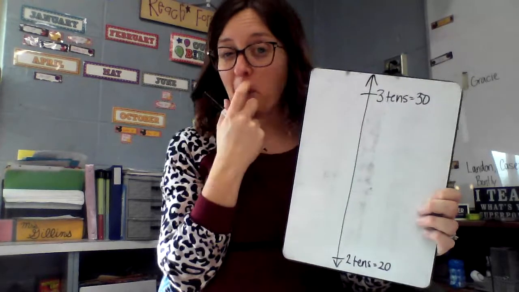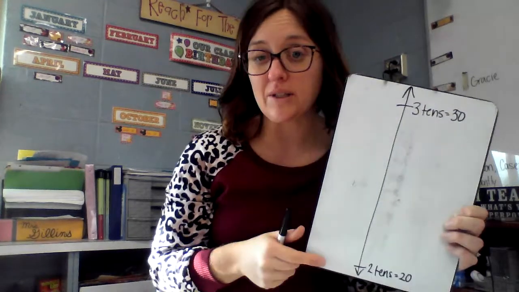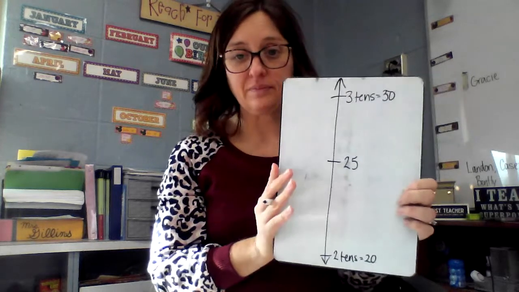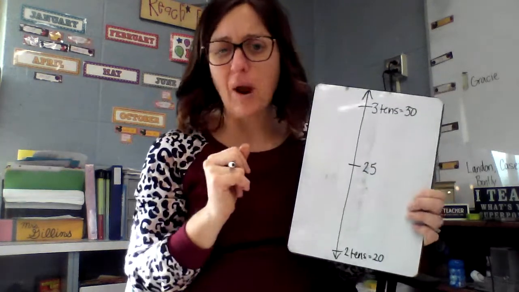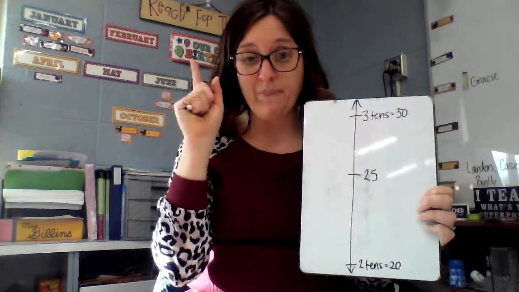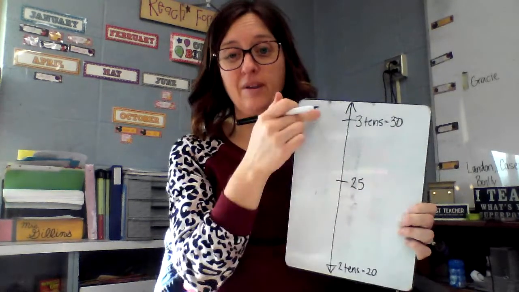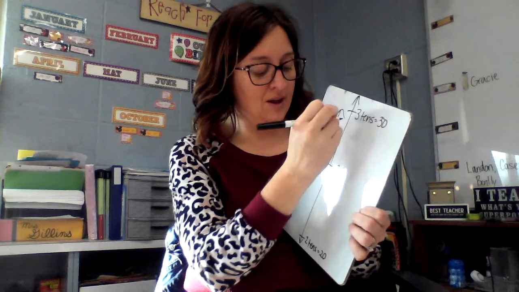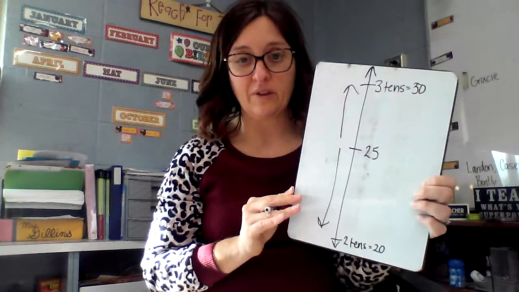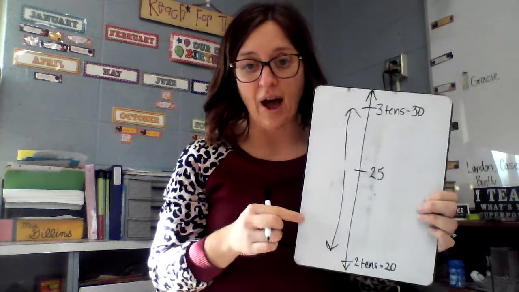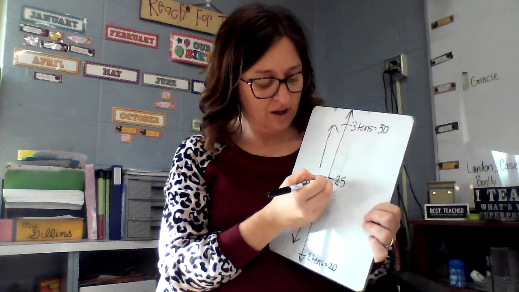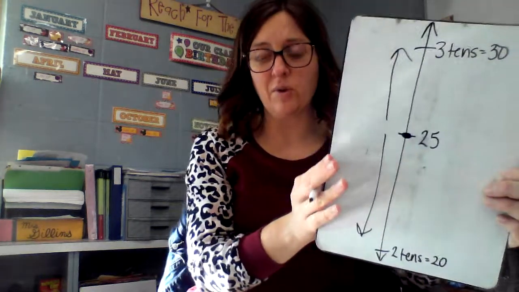What is halfway between 20 and 30? 25. And then let's round, let's say 25. So let's place 25 on my number line, remembering that anything more than halfway rounds up, anything less than halfway goes down. So if my number is 25, where would it go on my number line? If you said right here, directly in the middle at 25, you would be correct.